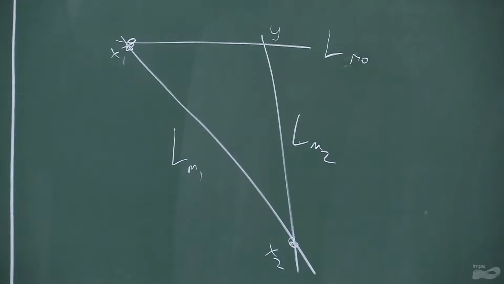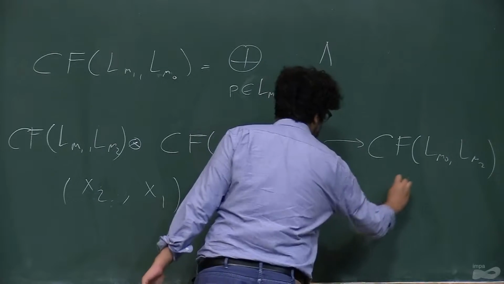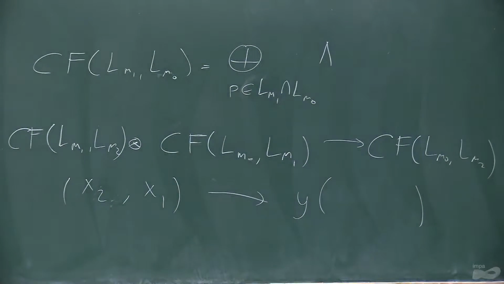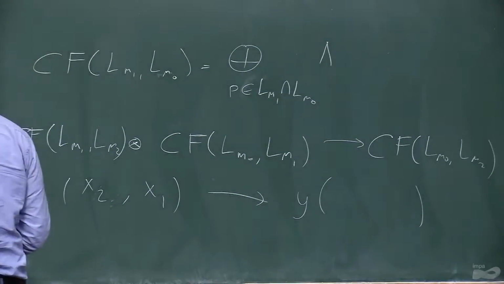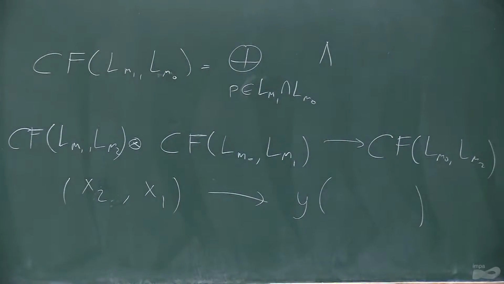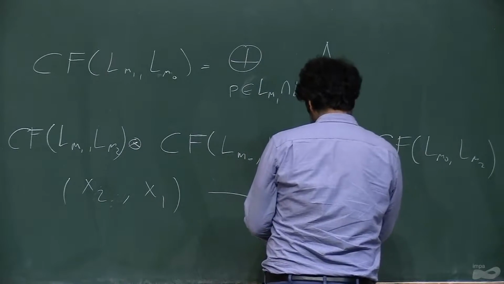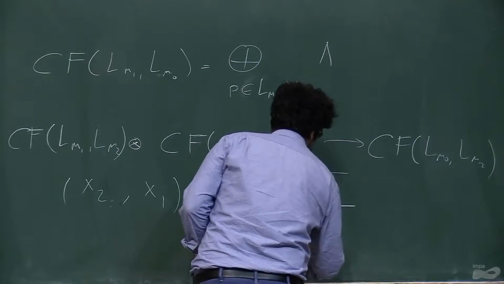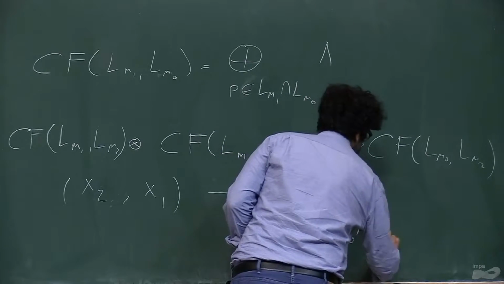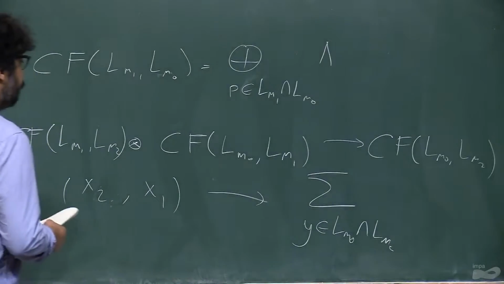So we would write that as x1 goes to y times some coefficient. So this coefficient, let me write it a bit more carefully. Okay, so it's a sum over the intersections of M0 and M2.